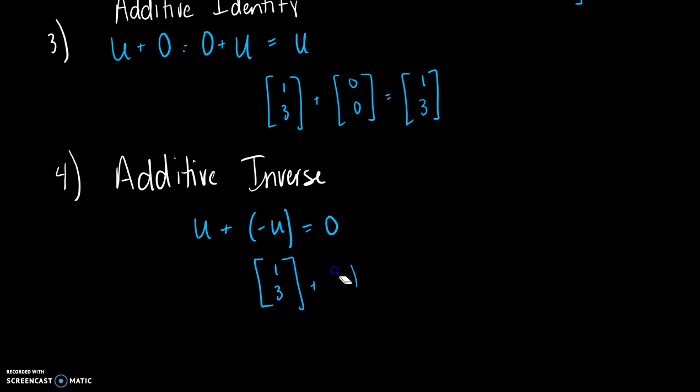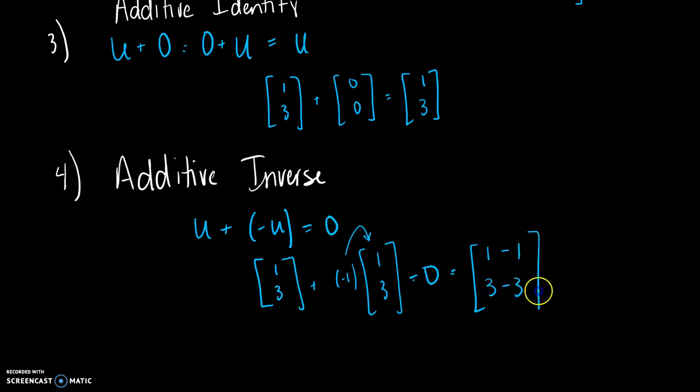And I'm actually going to write it like this. That's fine. These two guys just cancel out, right? Remember that when we do a scalar multiplication, that negative 1 is just going to distribute, and then we're basically looking at 1 minus 1 and 3 minus 3.